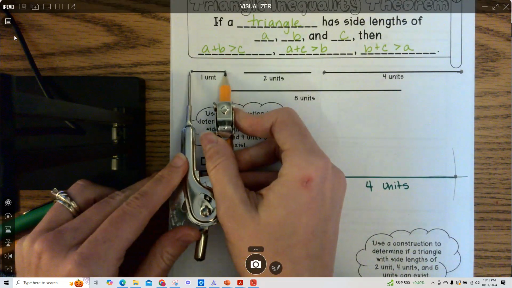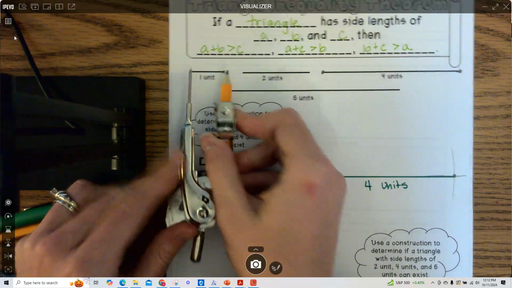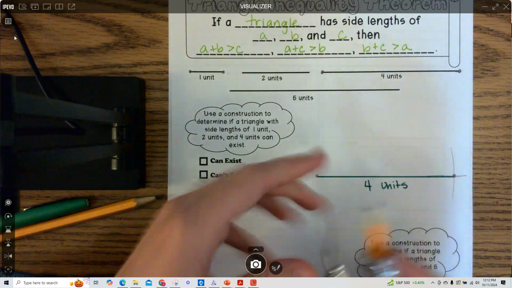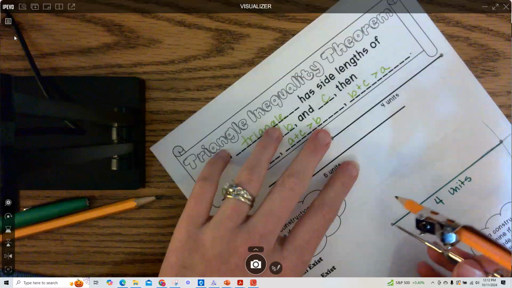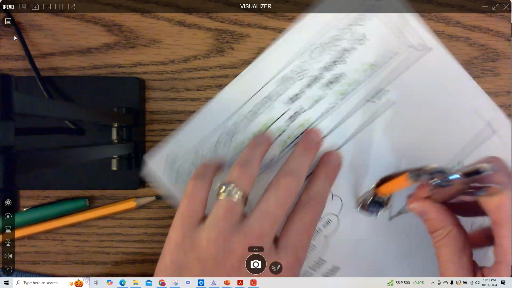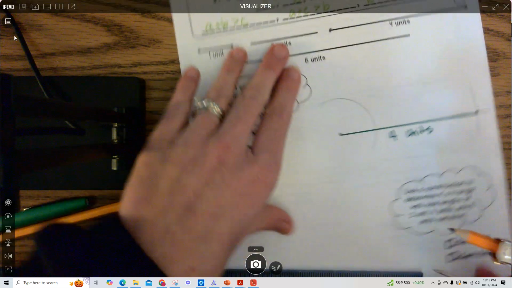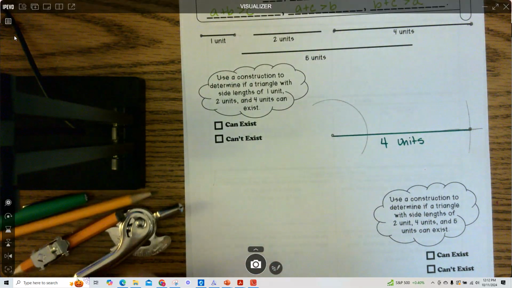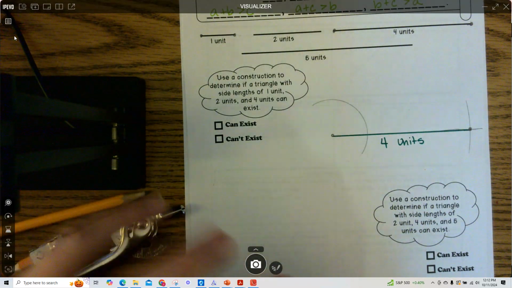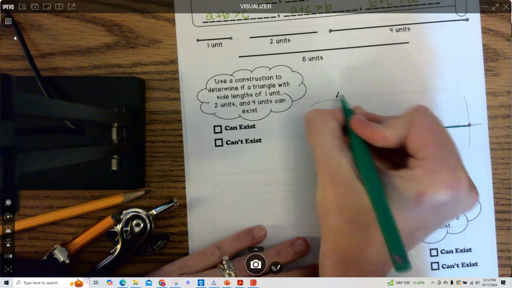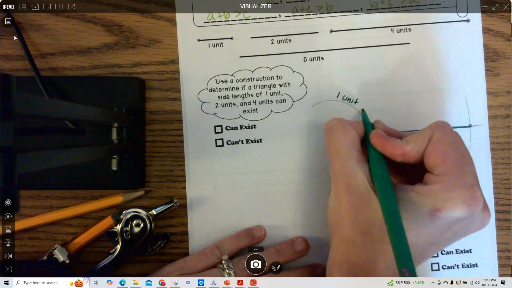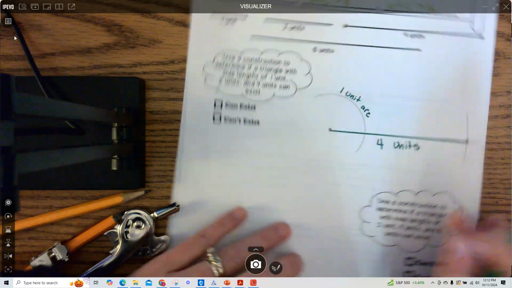Oh, this thing's stiff. There we go. Move the point. I'm just going to do it off of this one, and make yourself a pretty big arc. Okay. So that's my 1 unit arc.